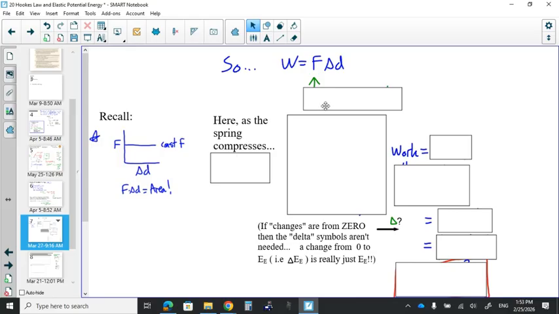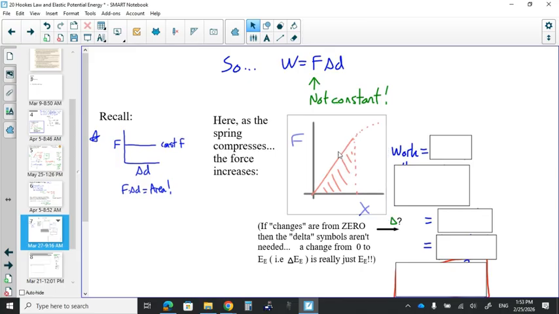So here we go. There's our F equals kx going in there. That thing's not a constant. Recall that if you have force times displacement for work done, we can just get the area underneath the graph. Here's the spring compression. The force is increasing, proportional to x, so F equals kx.